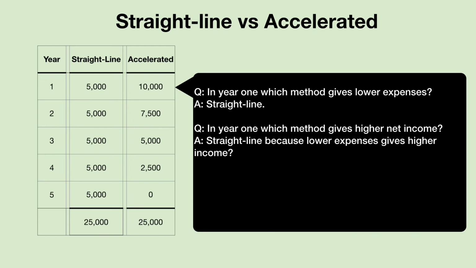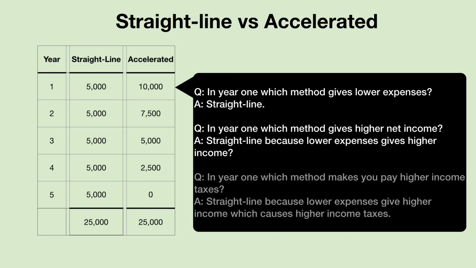Well, the answer is straight line, because the method that gives you the lower expense will give you the higher net income. Looking again at year 1, which method makes you pay higher income taxes? Well, the one with the lower expense gives you higher net income and therefore higher taxes.